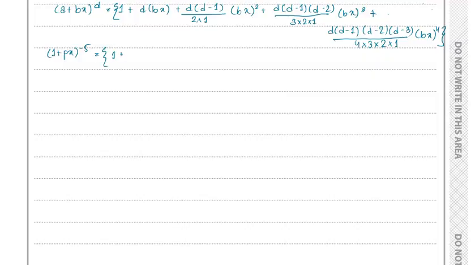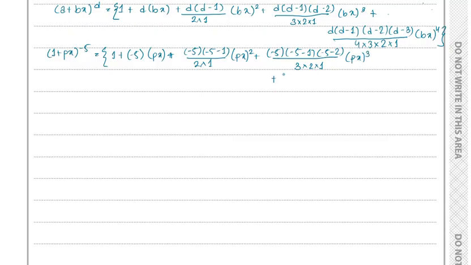So it would be 1 plus minus 5 times px, plus minus 5 multiplied by (minus 5 minus 1) divided by 2 multiplied by 1, with b as p, x squared, plus minus 5 multiplied by (minus 5 minus 1) multiplied by (minus 5 minus 2) divided by 3 multiplied by 2 multiplied by 1, bx cubed, plus minus 5 multiplied by (minus 5 minus 1)(minus 5 minus 2)(minus 5 minus 3) divided by 4 multiplied by 3 multiplied by 2 multiplied by 1, multiplied by bx to the power 4, and bracket close.